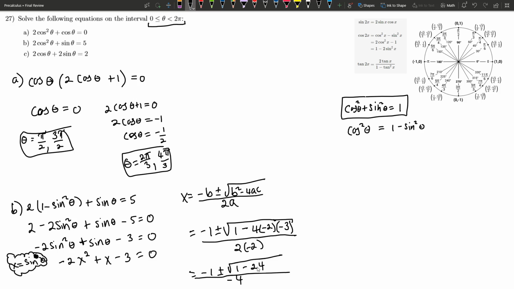You'll have 1 minus 24, which is really negative 23. So let's just erase that and put negative 23. And we can't do that. We can't take the square root of a negative, not in this real number space that we're working in. So I'm going to have to conclude that for b, there are no real solutions, or just no solutions.